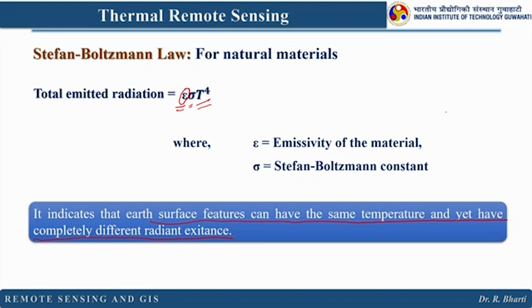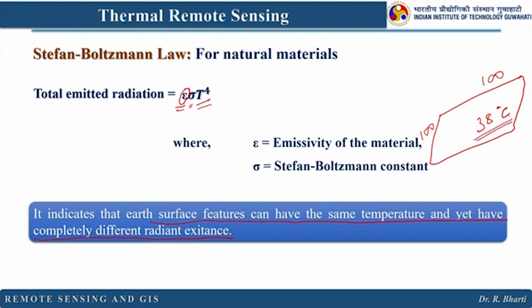That means the temperature of a given area can be the same, maybe 38 degrees Celsius. But suppose this is a 100 by 100 kilometer area. Can we assume that this 100 by 100 kilometer area consists of the same material? In nature it is impossible. But though we have the same temperature, why?